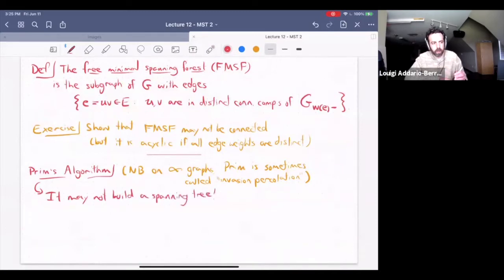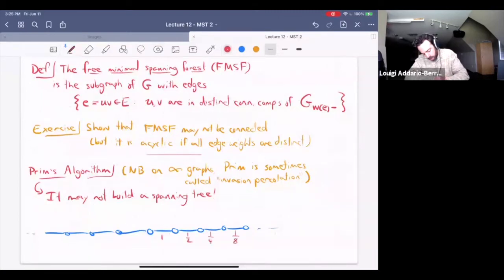A very simple example where it doesn't is to consider the line where the edge weights are dyadic. So like 1, 1/2, 1/4, 1/8, and in the other direction 2, 4, 8, 16. No matter where I start Prim's algorithm, it always adds the smallest weight edge that connects what I've grown so far with the rest.